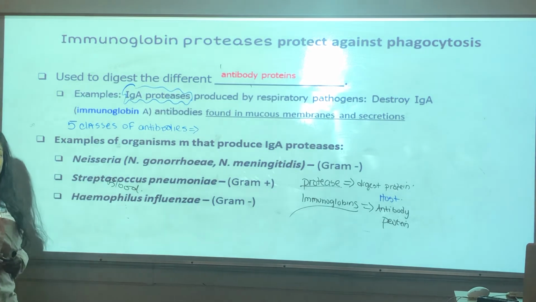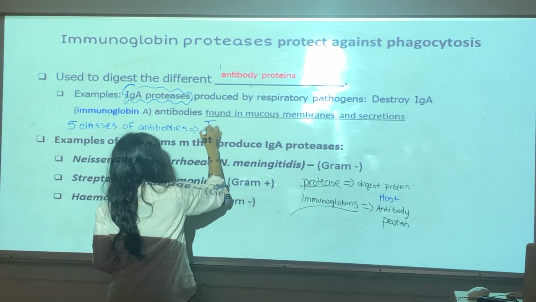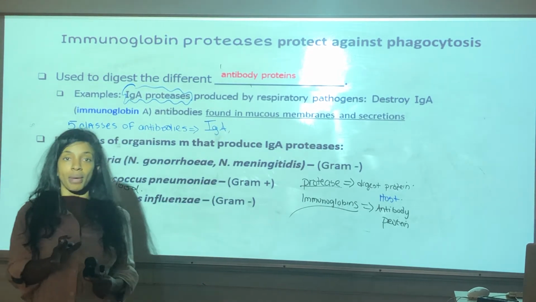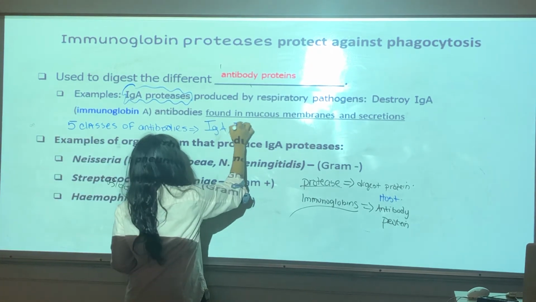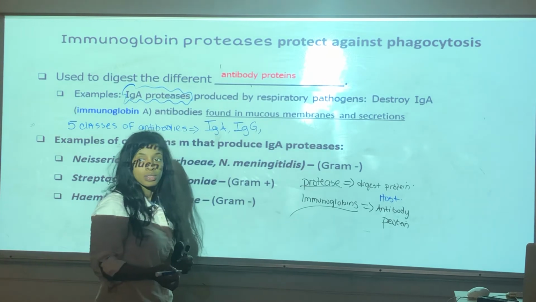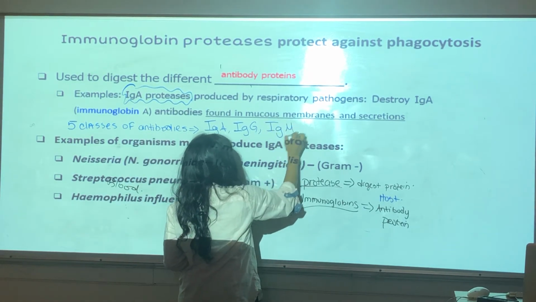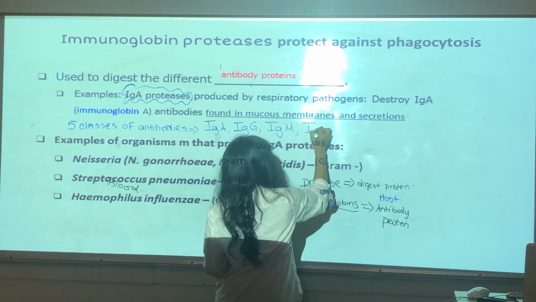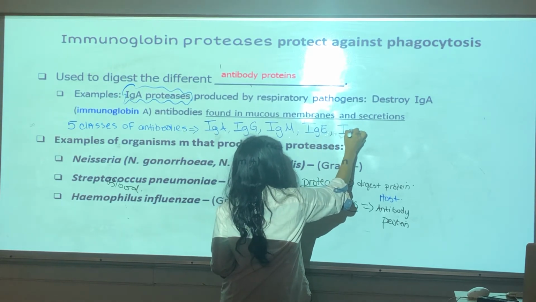So what are the 5 classes of antibodies? We have one of them here, IgA. What else? There's 5, so there are 4 more. We have IgG, IgM, IgE, and IgD.